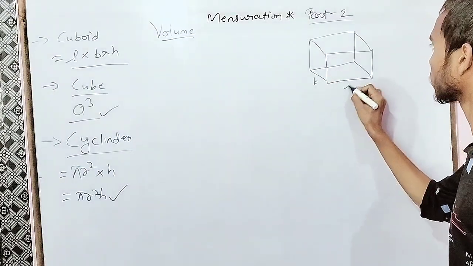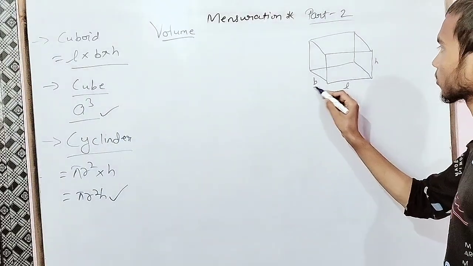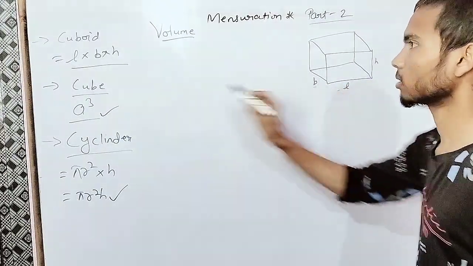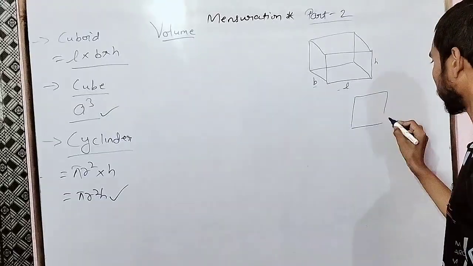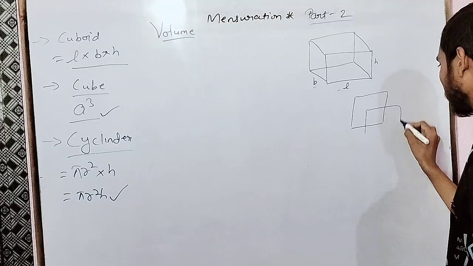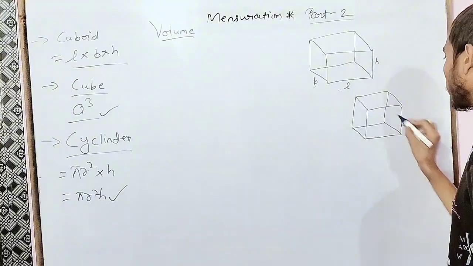So this is B, this is L, and this is H. Now the cube also has six faces in the shape of a square.